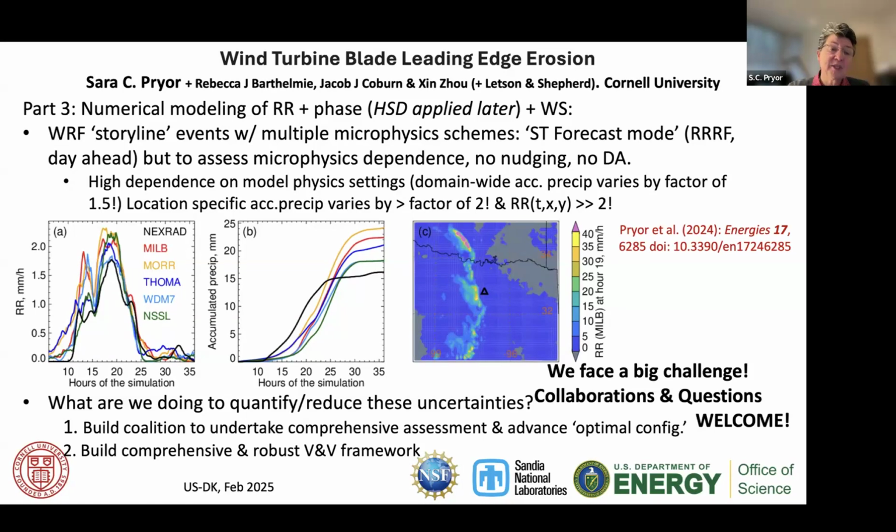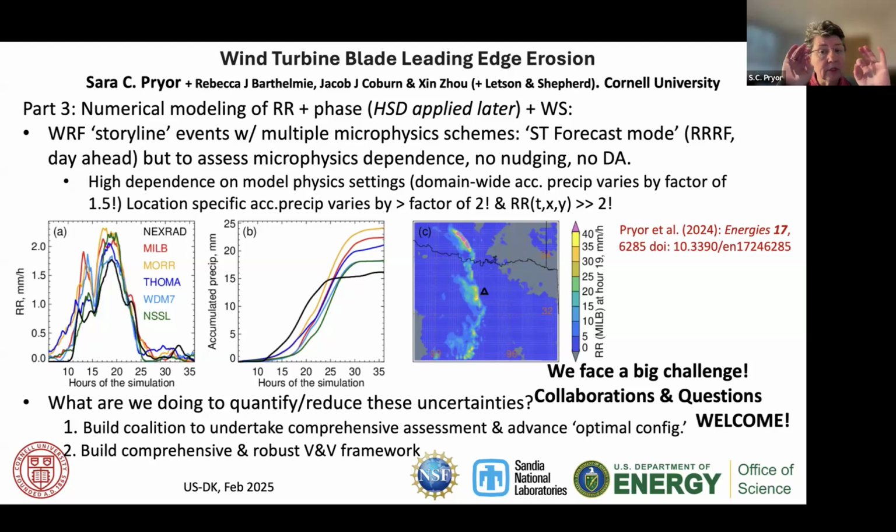We've also been doing some storyline events where we're trying to explore multiple microphysics schemes, and we're using this in a kind of short-term forecasting mode where we're using lateral boundary conditions from the rapid refresh model. We're doing 1 day ahead.